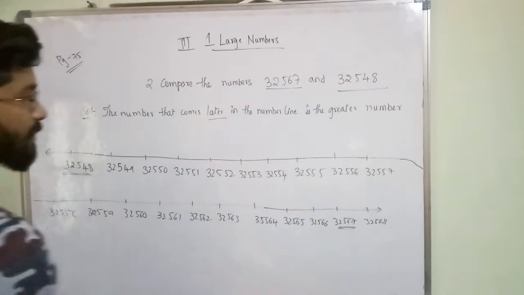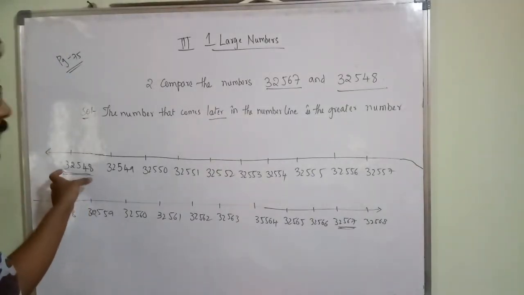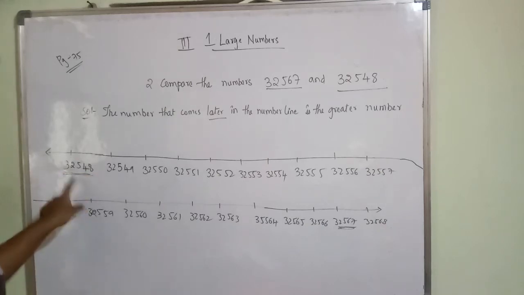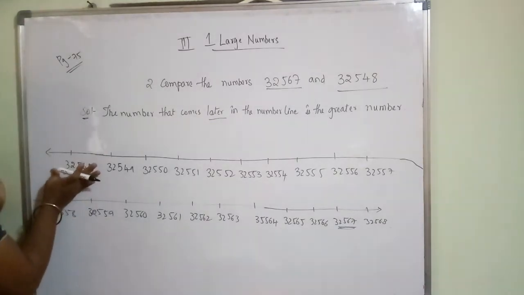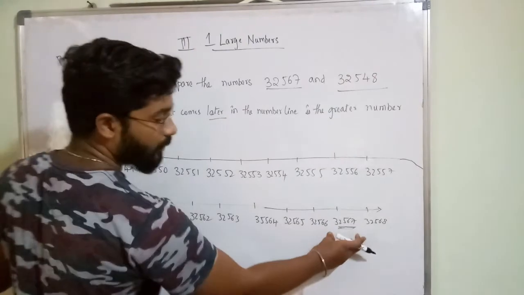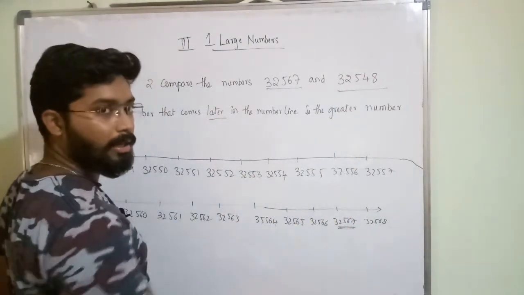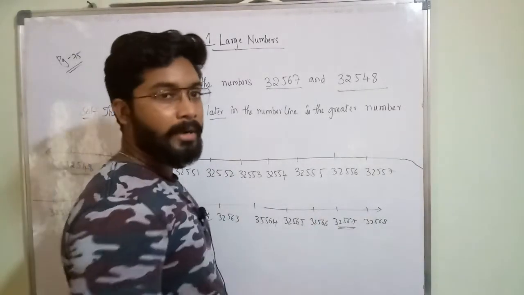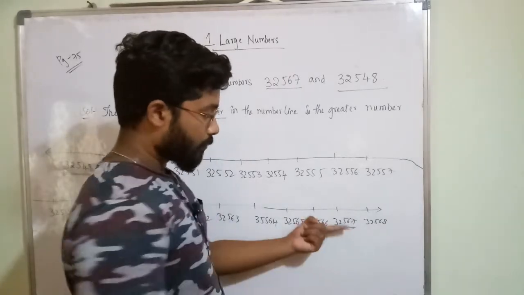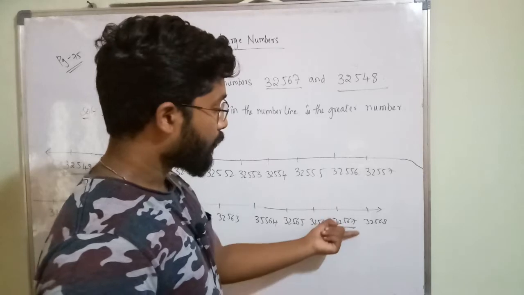Here this comes at the starting. If I write on the number line, this will come at the start. From here only I am writing the number line. You can also write numbers before, but ultimately this will come first, and only after this number will you get the other number. So this one we get in the later part of the number line, and this one we get first.